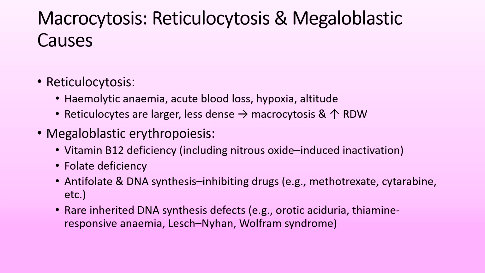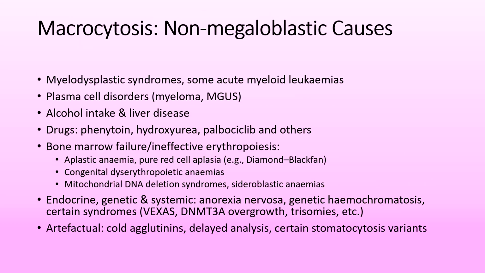These lead to defective DNA synthesis and nuclear-cytoplasmic asynchrony, and macro-ovalocytes can be seen. Many cytotoxic and immunosuppressive agents, antiretrovirals, and antifolate drugs can produce a similar picture. Rare inherited enzyme defects in nucleotide metabolism fall into this group, which is congenital megaloblastic anemia.